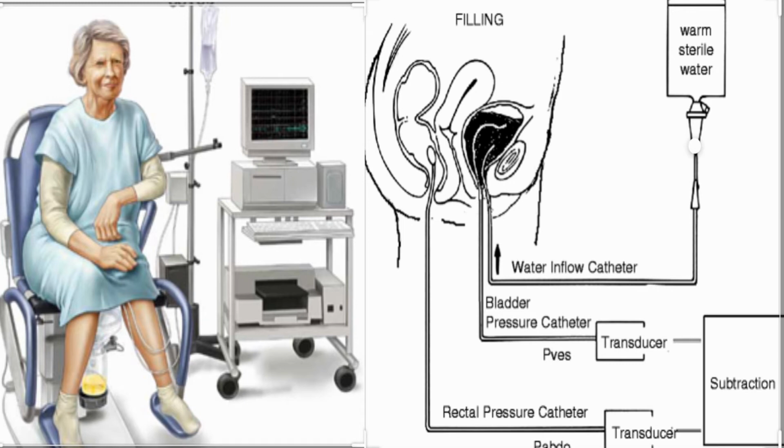We must avoid artifact from moving the lines. We run water in front of her, and hand washing is performed to note any leaking, and then she is asked to void, with the pressure line still in place.